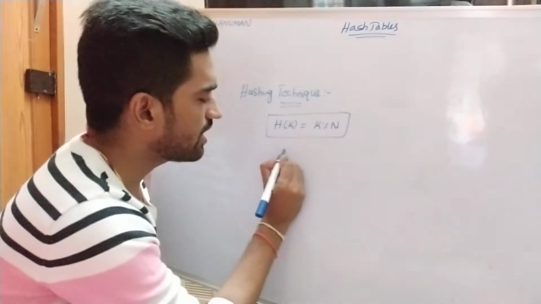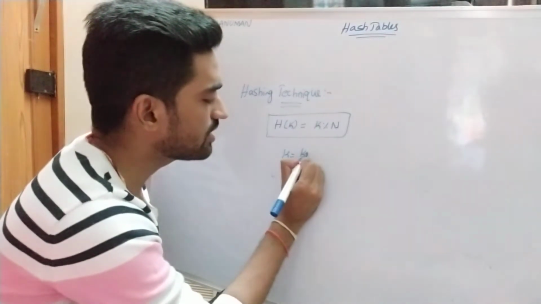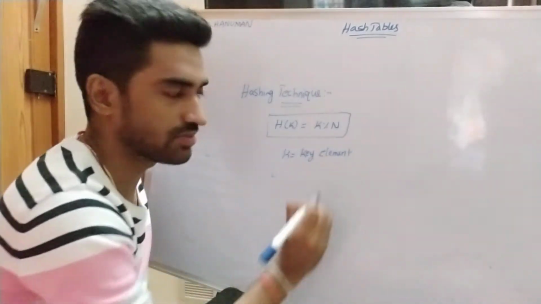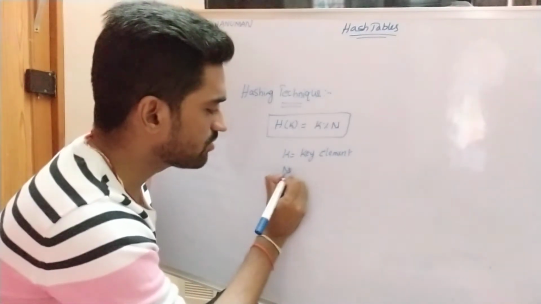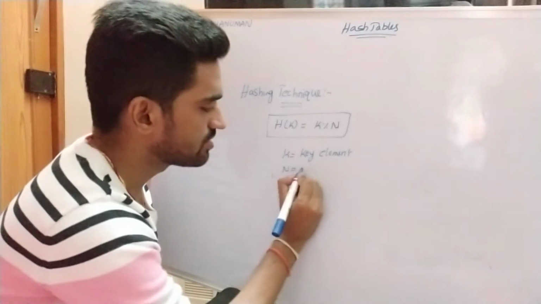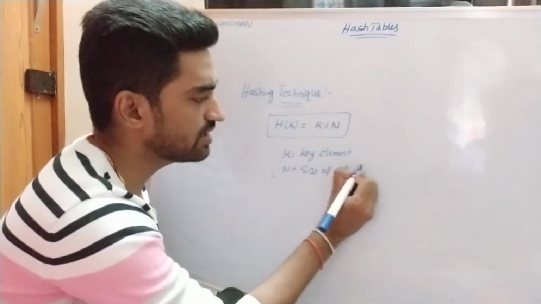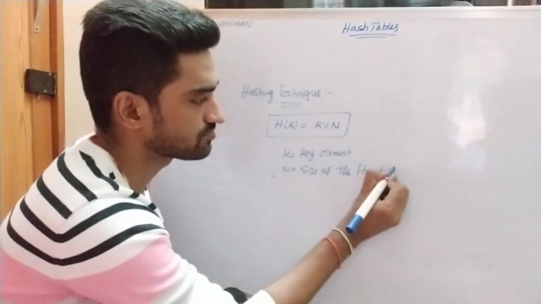Here k is the key element, which is the searching element, and n is the size of the hash table.